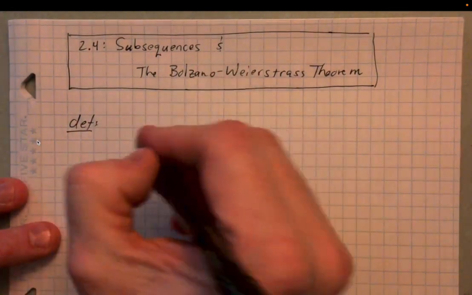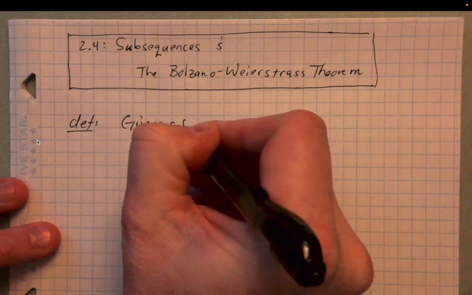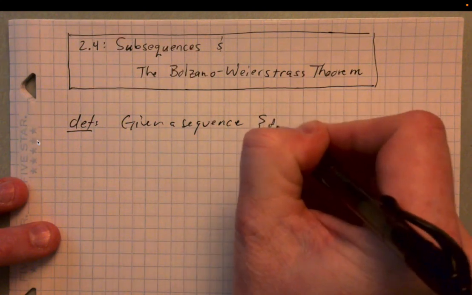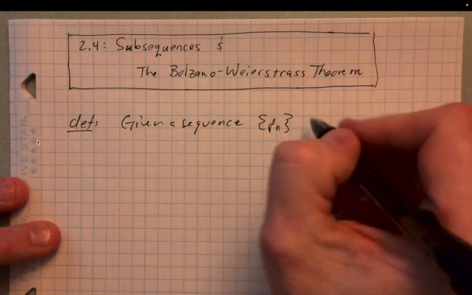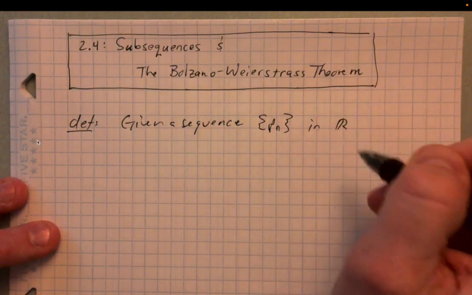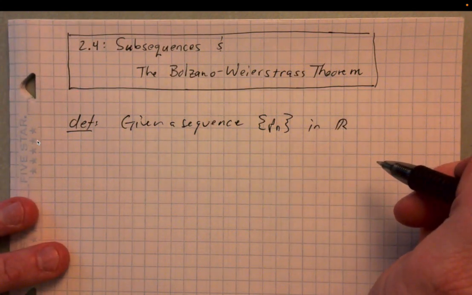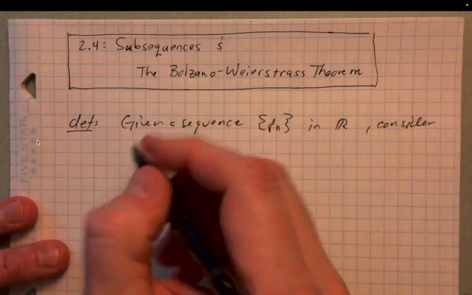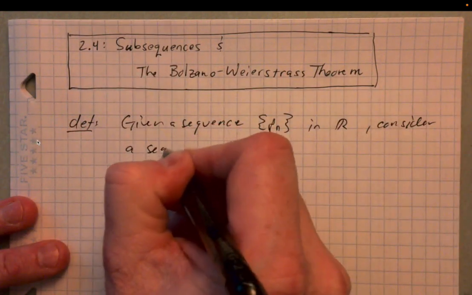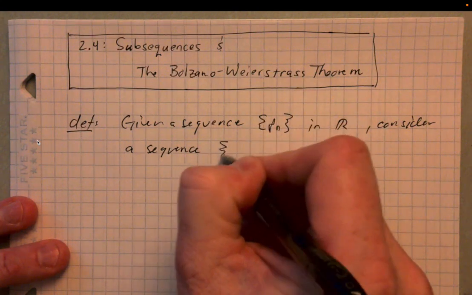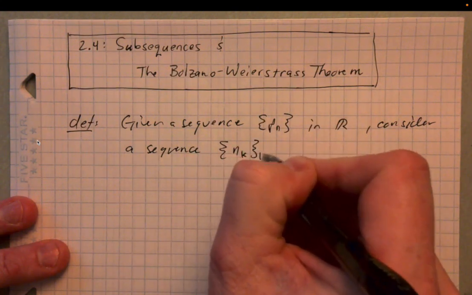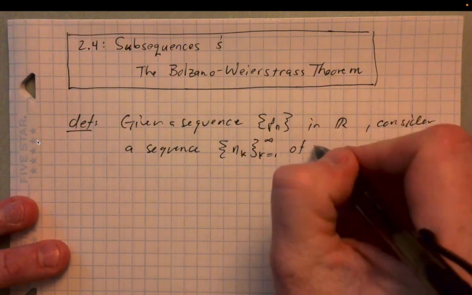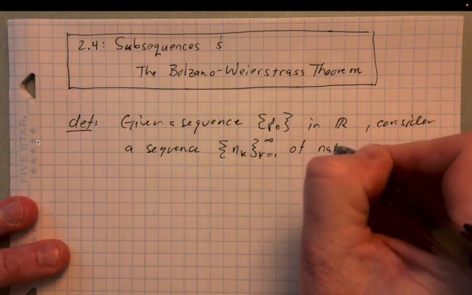Okay, so given a sequence, and we'll denote it just using P sub n in R. These are real numbers, of course. Given a sequence P sub n in R, let's consider a sequence n sub k, where k is equal to 1 to infinity, of positive integers, so these are natural numbers.